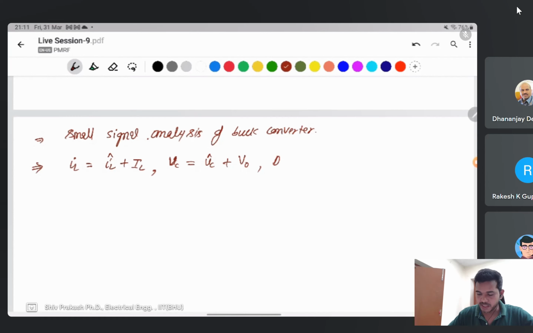Duty ratio will change as D cap plus capital D. Replace this. If input voltage variation occurs, then we take a variation of input voltage plus the average of input voltage.